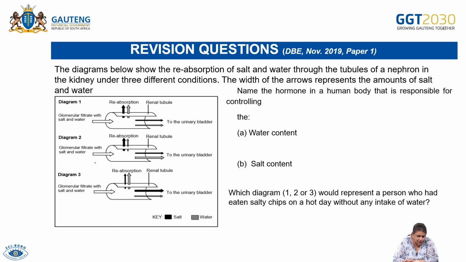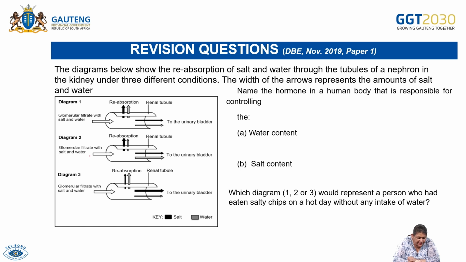Let's look at diagram 2. It's the same filtrate that's coming from the nephron going to the kidney tubules. The filtrate, then you can see that this arrow also looks a little bit more is reabsorbed, and this light gray arrow looks smaller, so there's going to be less water.